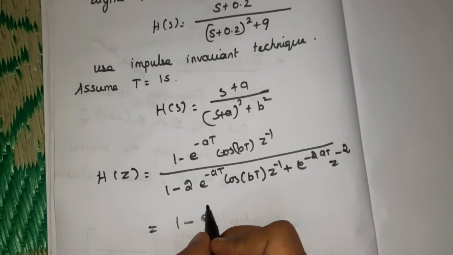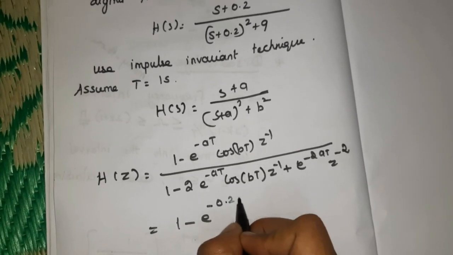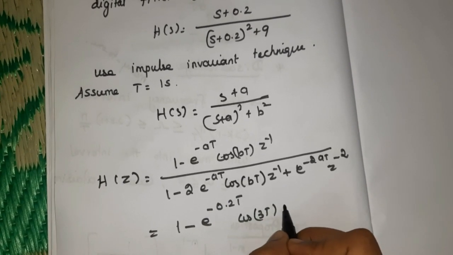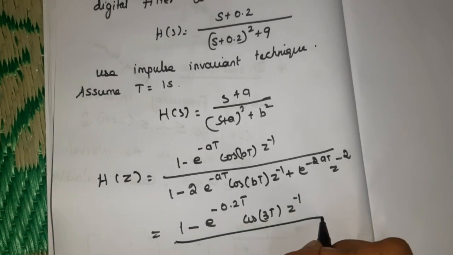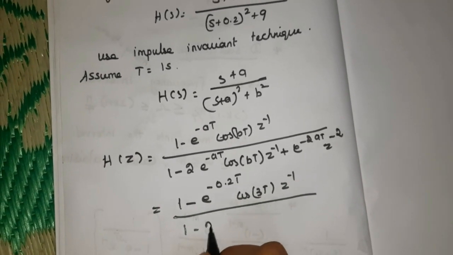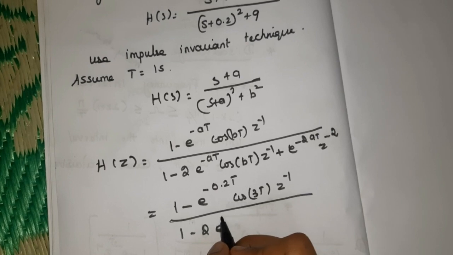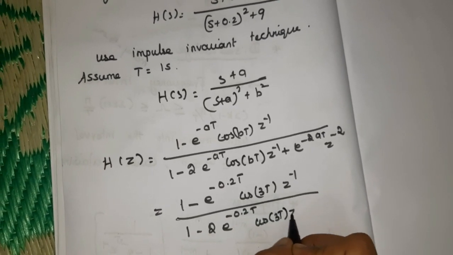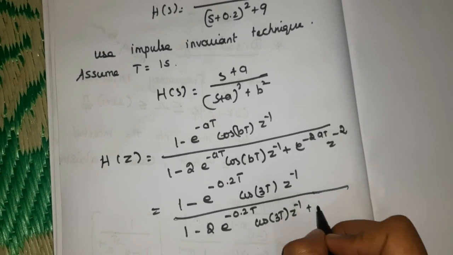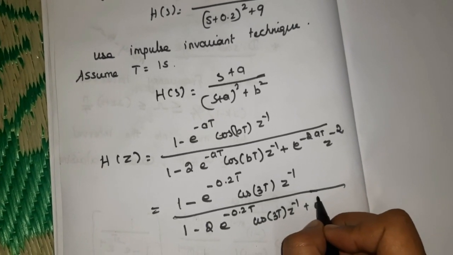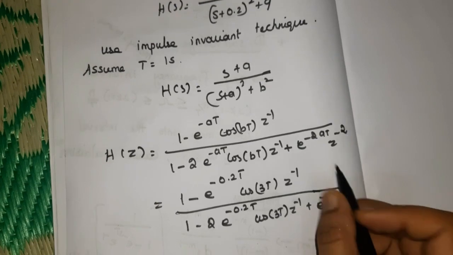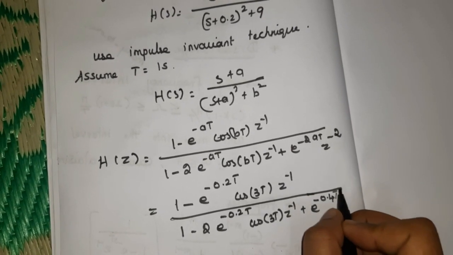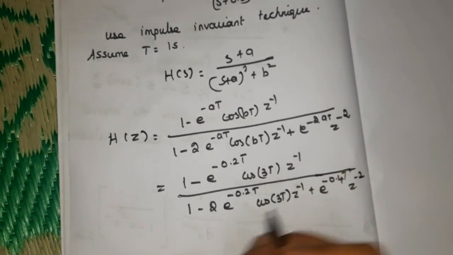We will get 1 minus e power minus 0.2T cos 3T z power minus 1 divided by 1 minus 2 e power minus 0.2T cos 3T z power minus 1 plus e power minus 0.4T z power minus 2.